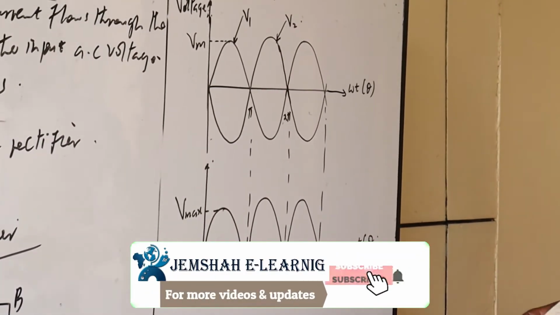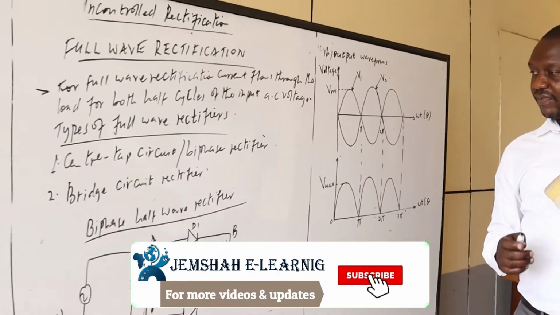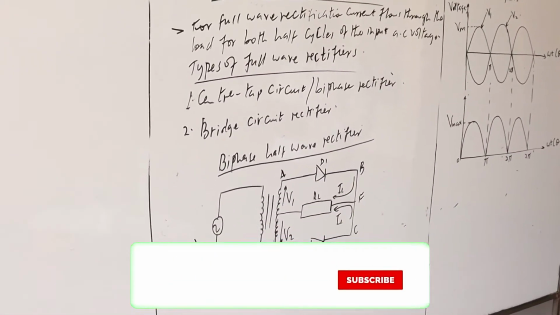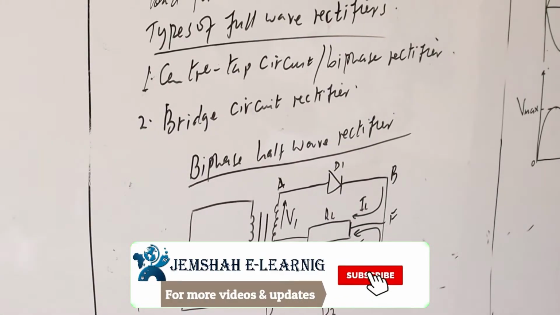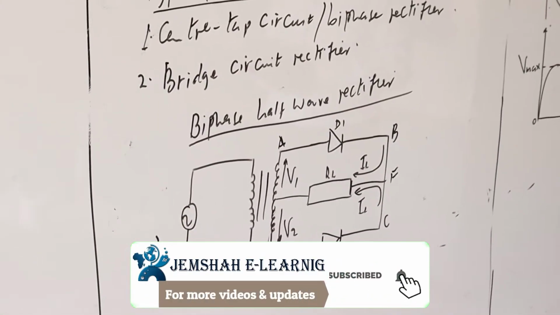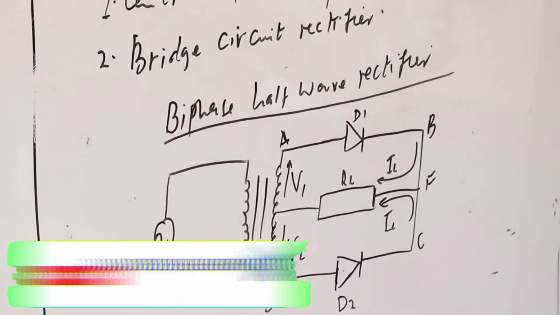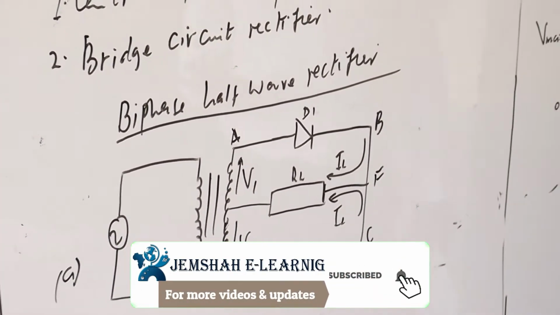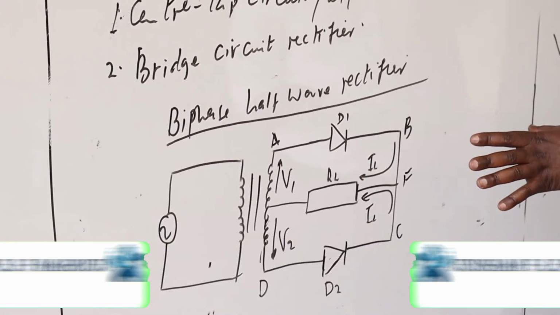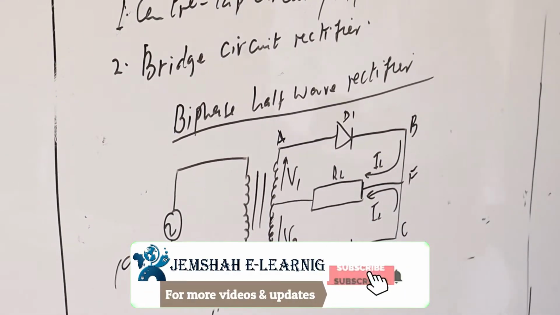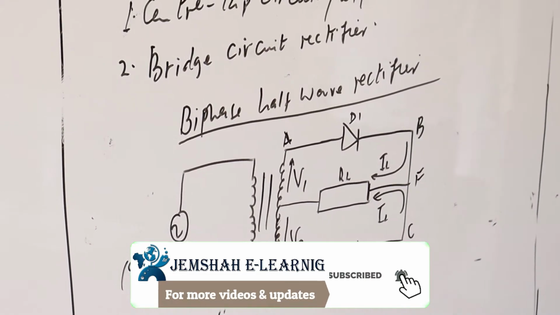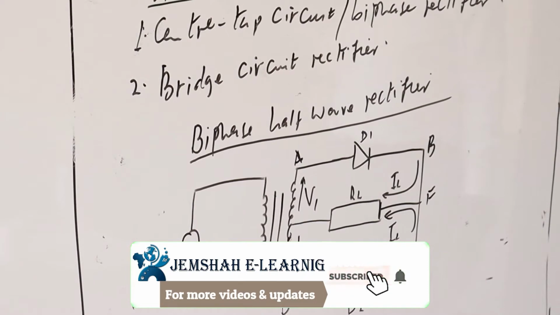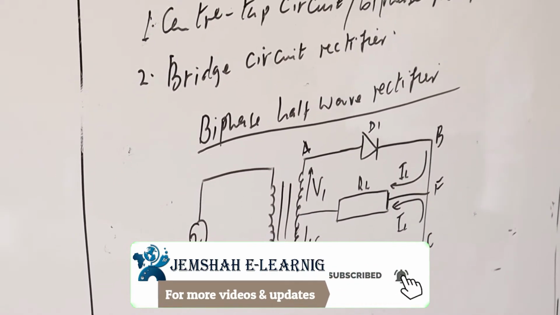So that is our circuit diagram for the biphase half wave. Now you'll realize that it uses a center tapped transformer whereby now you can see the secondary voltage is divided into two voltages, V1 and V2, whereby the two voltages, they are equal but 180 degrees out of phase.